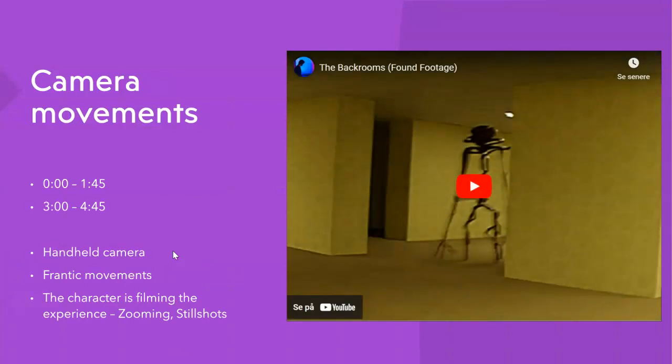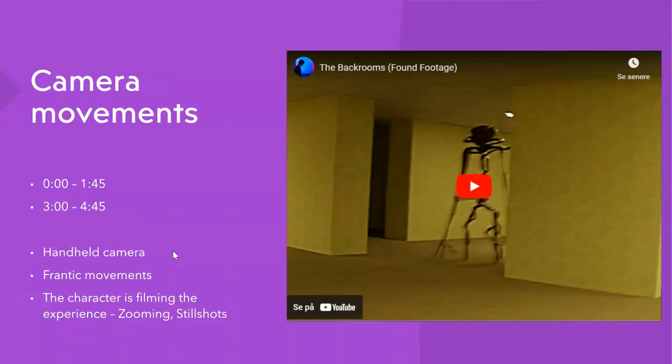And then there's the camera movements, which through the entire thing uses handheld cameras and very frantic movements, giving a big feeling of it being a person filming what is happening around them, instead of the static camera, which would give the feeling that it's being filmed like a movie.